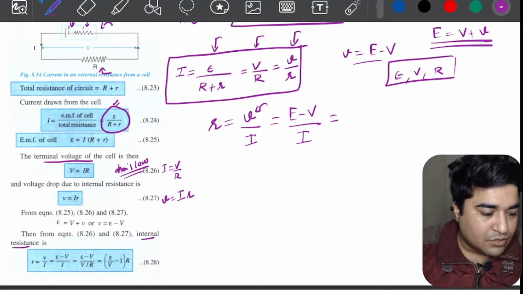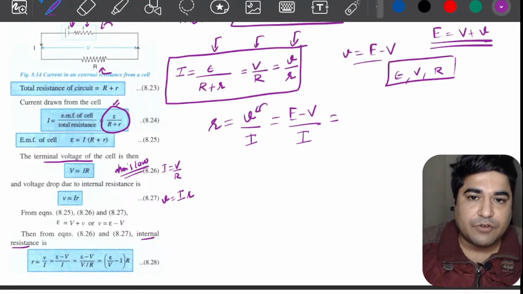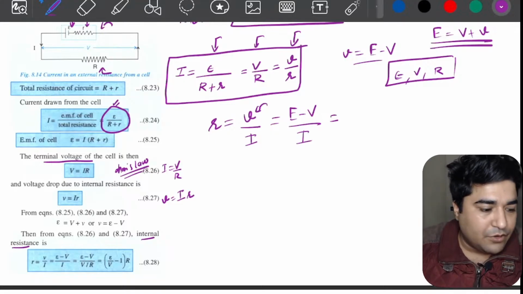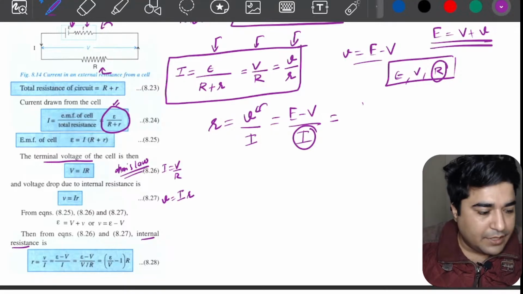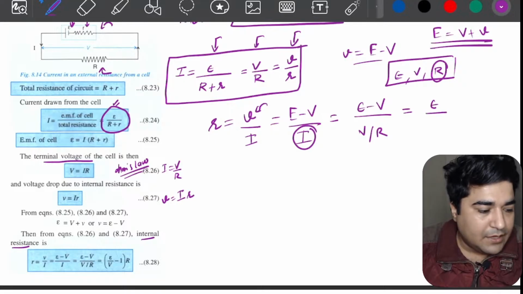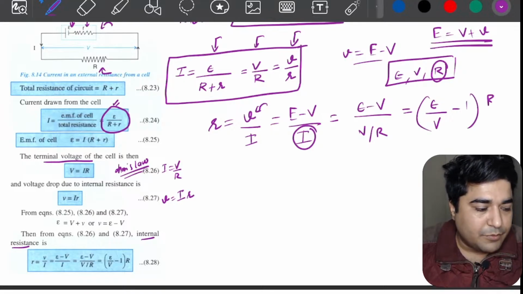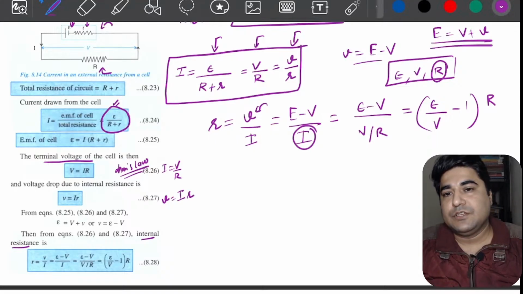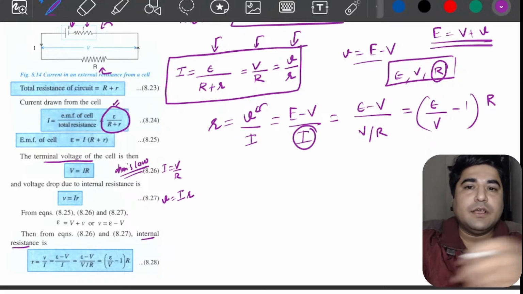For I, we know that I's value is V over R, because we need to replace the value of I from this part and get the value of r. So E minus V over I would become V over R, and accordingly if I take V in common, it would become E over V minus 1, and taking R as common, it would become something like this. So this is going to be the final value for our equation.